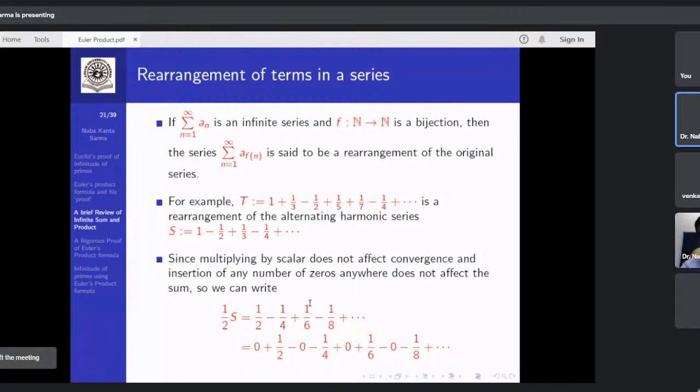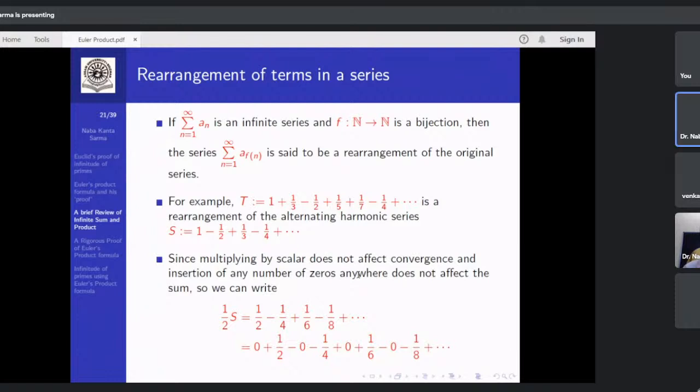So let us see. What are we using? We are using the fact that if a series is known to be convergent, and if we multiply this series by any scalar, it will remain convergent, and the sum will be that scalar times the original sum. So this is a very simple basic fact. And then we also use the observation that if you insert any number of zeros anywhere in a series, it will obviously not affect the sum, because as many zeros as you add, you will get 0 only.